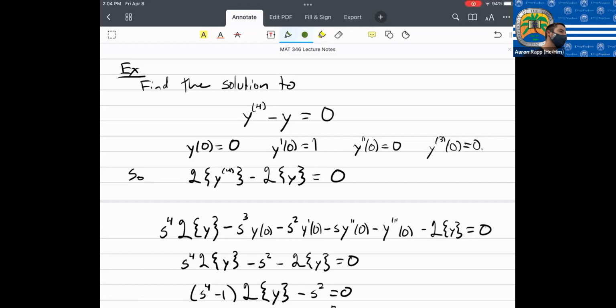And it works better with initial value problems because it naturally incorporates what? Yeah, your initial conditions. So it naturally incorporates your initial conditions when you're trying to find the Laplace transform, which is another reason why we prefer to use it.